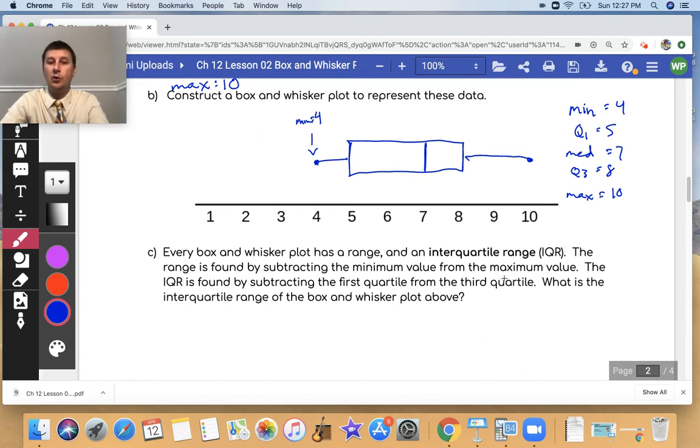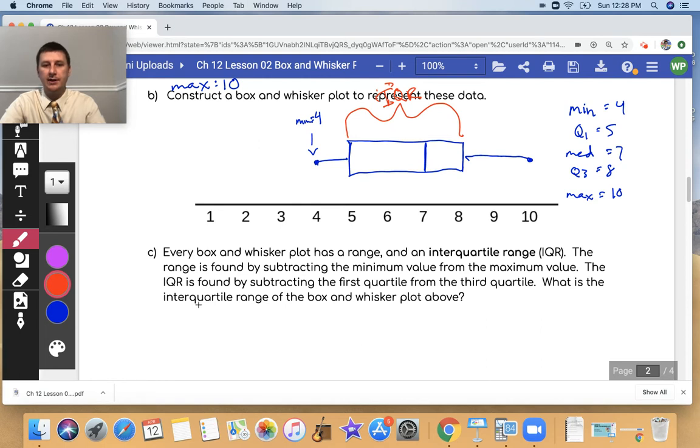But the interquartile range is found by subtracting the first quartile from the third quartile. So the interquartile range is really the range of your box right here. So you're going to subtract your first quartile from your third quartile, and you'll get your interquartile range right here, while the range is the entire set of data.